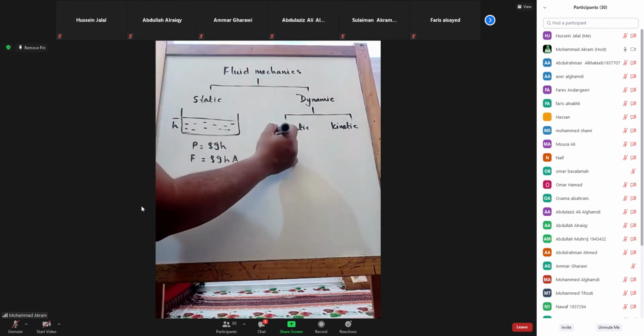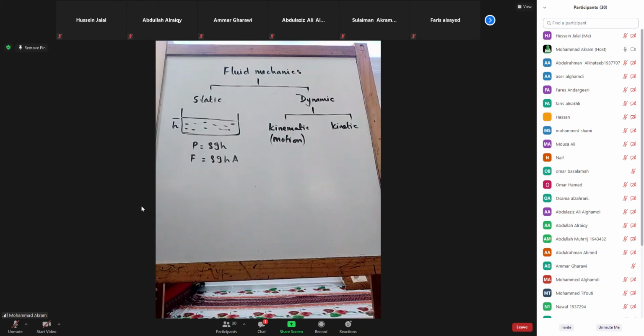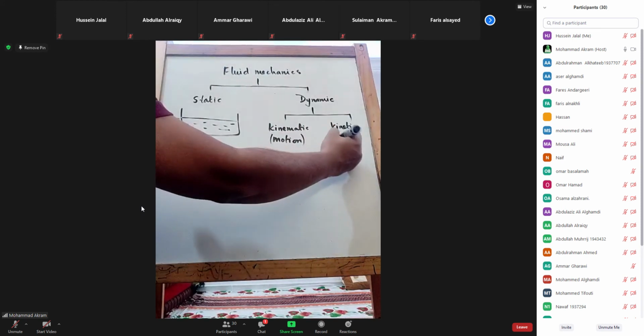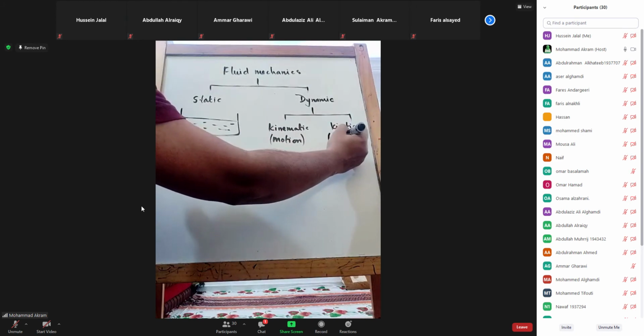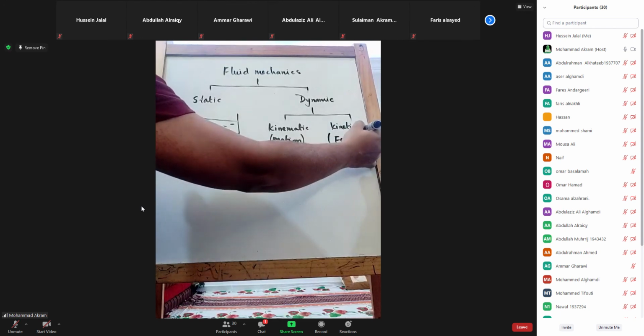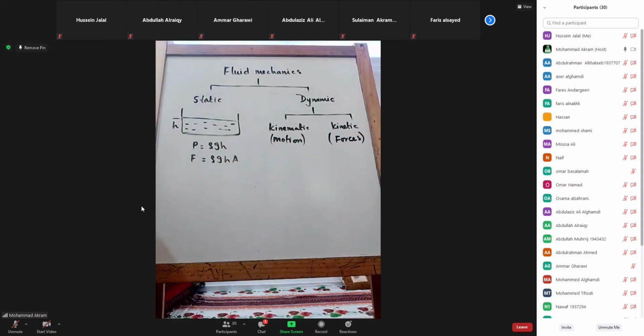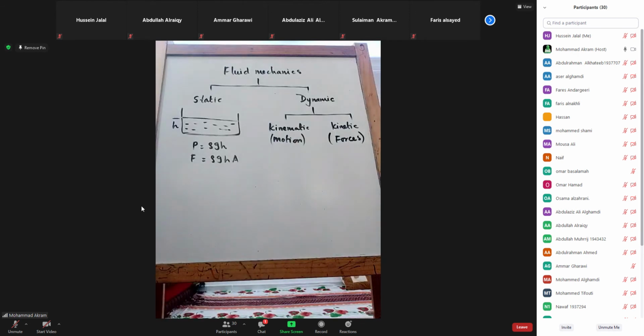Kinematics means it is related to the motion, whereas kinetics is related to the forces on moving components. In kinematics only motion will be studied, with no mention of forces causing this motion.